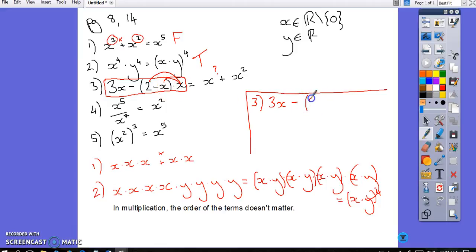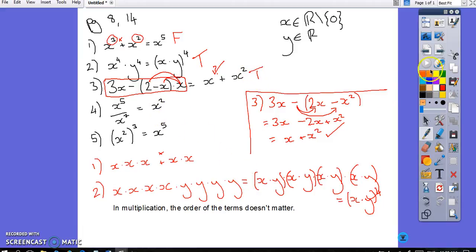So I have 2 times x is 2x, and minus x times x is minus x squared. And now I'll multiply out this minus. So I get 3x minus 2x plus x squared, which is x plus x squared, which is the other side. So this one is also true.